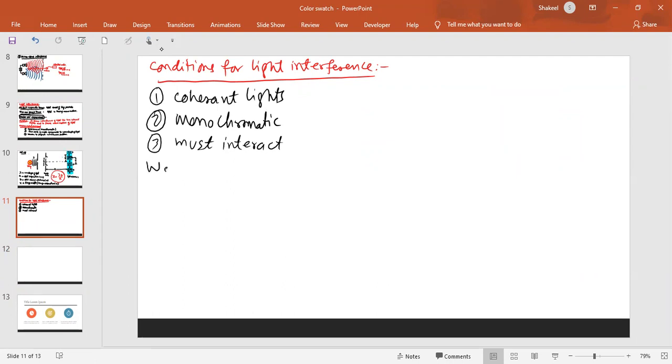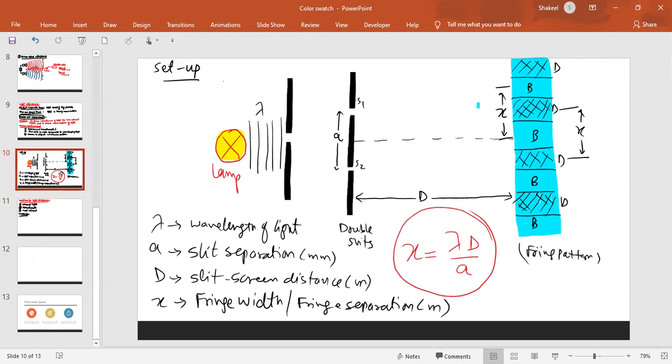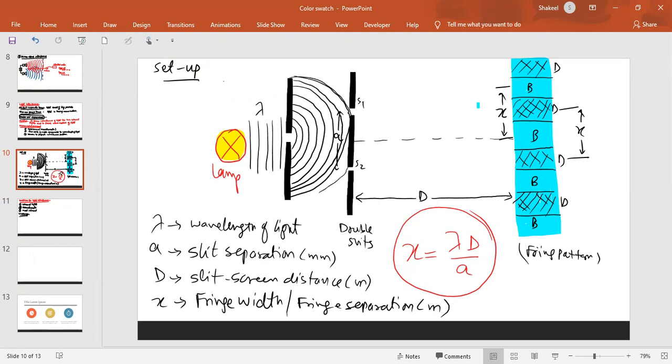How does it work? The working is quite simple. I have to take you back to the previous slide. When the lamp is switched on, after passing through the first slit, diffraction happens and the waves spread and travel forward. Let's say two similar waves fall on S1 and S2.